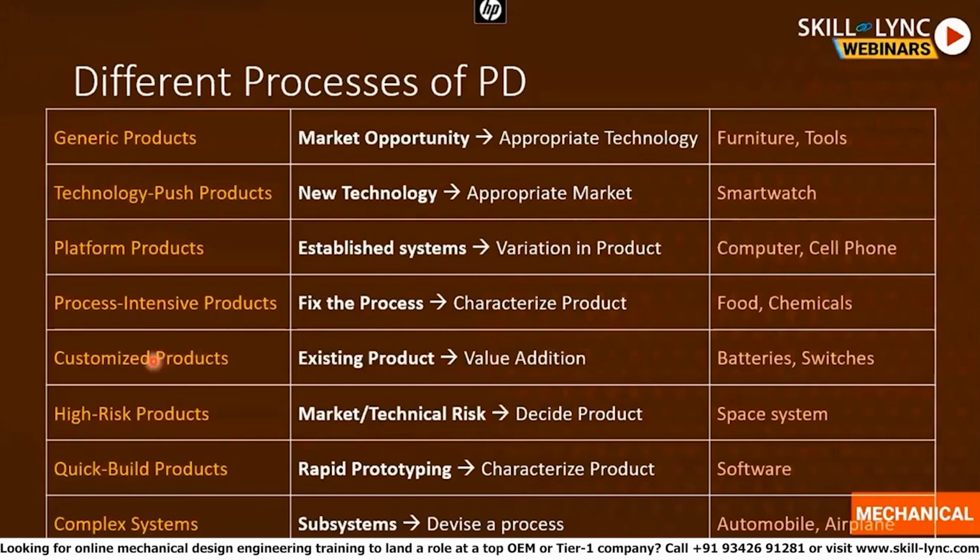And the fifth category of product is the customized product. This customized product, of course, these are still existing, but you can value add it, you can customize it. I don't know, most of you may know, in USA or many other foreign developed countries, even the truck you are going to buy or the car you are going to buy, some cars or some trucks you can customize yourself.